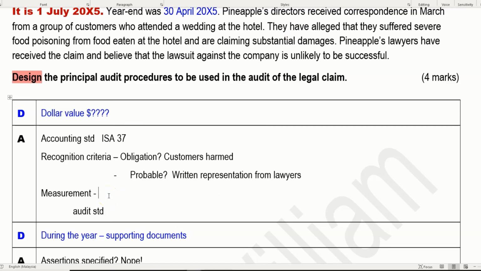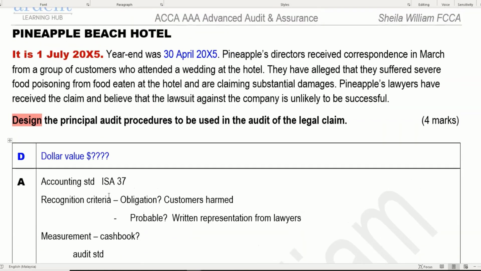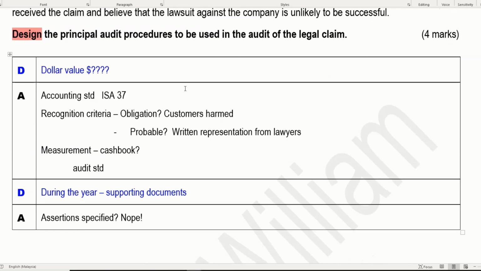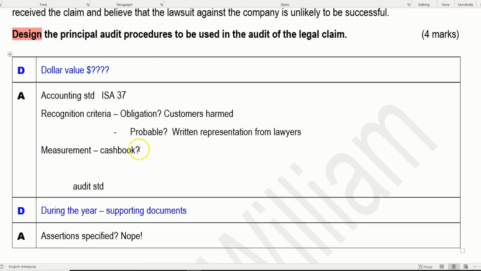But another way to find out the dollar value is also by looking at the cash book to see whether any amounts have been paid post year end. Now is 1 July and the incident happened somewhere in March. So we want to see whether in May, June, any amounts were actually paid or not. You've also got to remember that this legal claim, if we're going to make a provision, it is actually an accounting estimate.